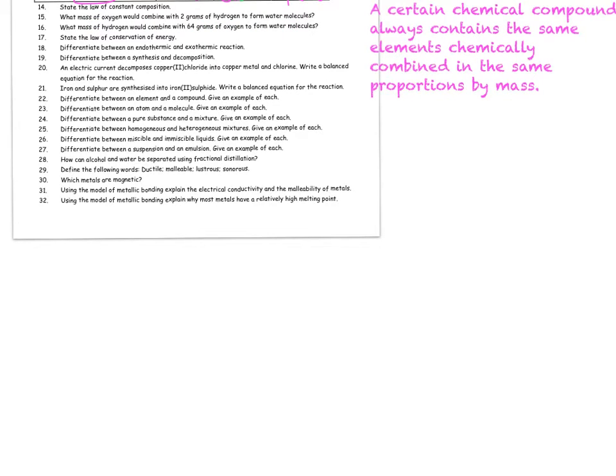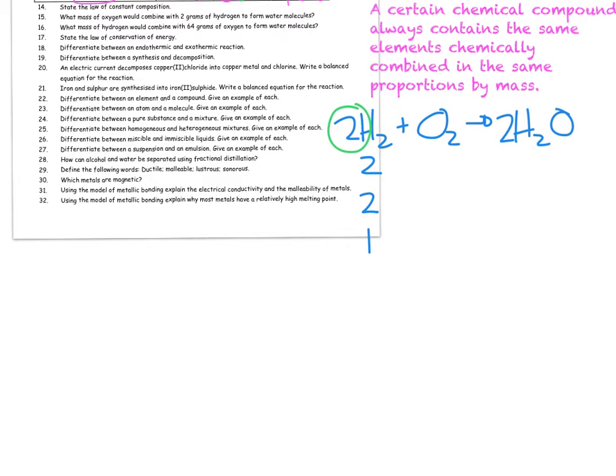Well, we're going to need a balanced equation first. So we're going to give hydrogen plus oxygen gives me water, and I need to balance that. They want 2 grams of hydrogen over here. We know that the molar mass of hydrogen is 2. So we're going to land up with 2 over 2, which is 1. The mole ratio is 2 is to 2.